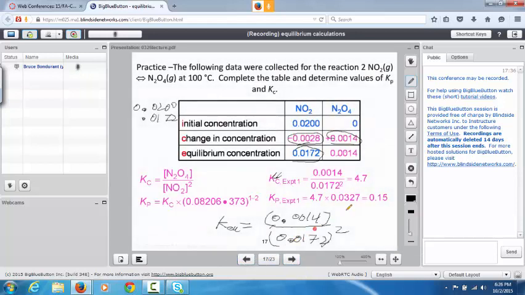And that ends up being, well, it's not this one, that's Kp. This is it. Kc is 4.7.